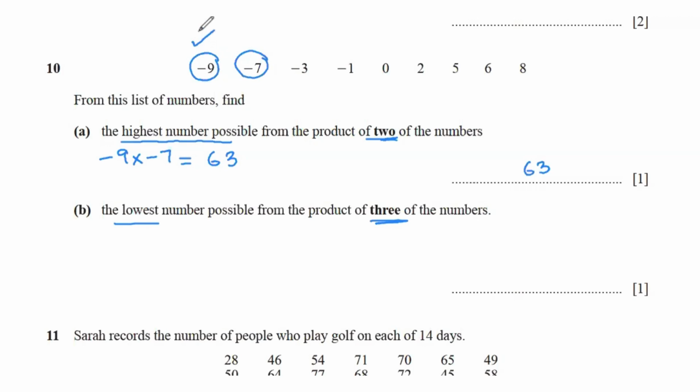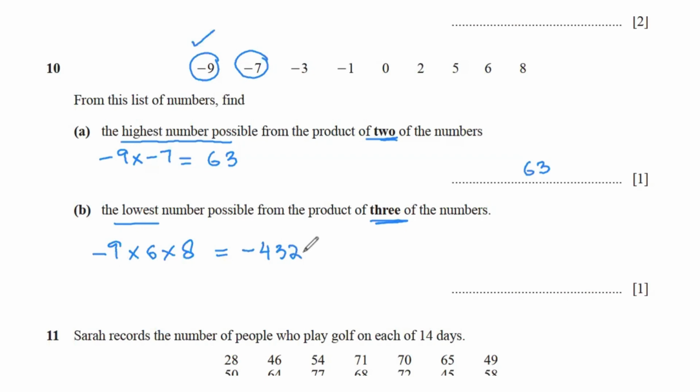Because there's going to be just one negative number, the greater it is, and when you multiply it by two big positive integers, the final answer will be negative. So the greater the negative value, the smaller it is. So -9 times 6 times 8 gives us -432.